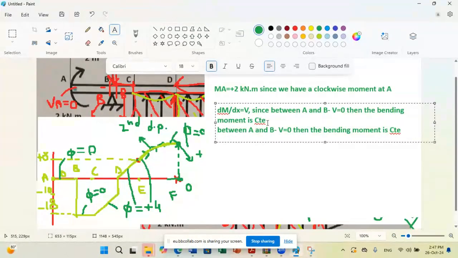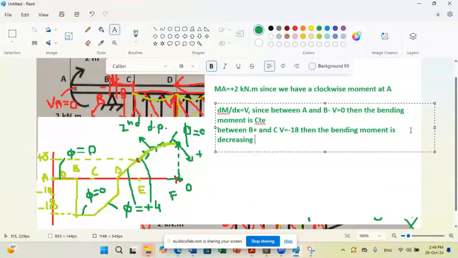Now, between B plus and C, what is the value of shear? The shear is equal to minus 18. V equals minus 18. So since V is negative, the bending moment is decreasing. And since V is constant, the bending moment will be linear. So it will be decreasing in a linear way.